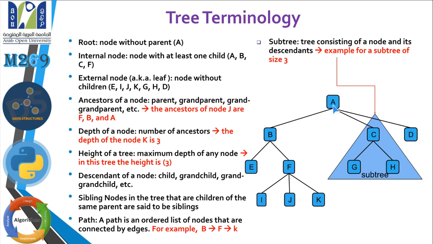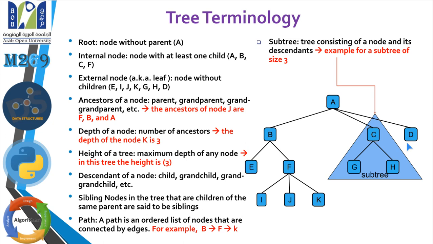A is also an internal node because it has at least one child. But in the case of E, I, J, K, G, H, D, all these nodes have no child. So we call them leaves, and these are called external nodes. So it has two terms: either we call it external nodes or we call it leaves. They have no child.